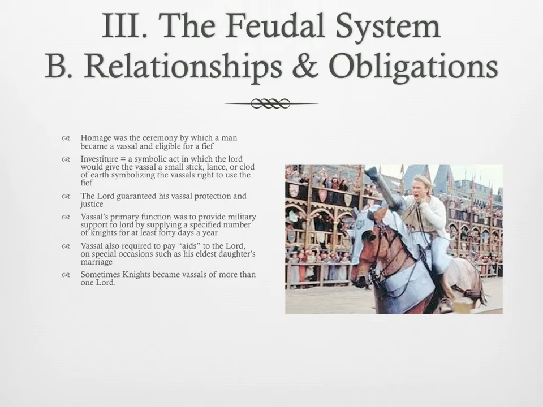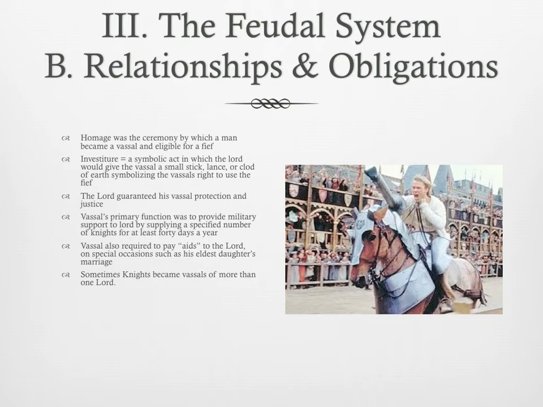So the ceremony is homage, but the actual symbolic act is investiture, and the lord would give the vassal, or the person or the knight, a little stick or a lance, or sometimes just a big clump of dirt, of earth, which symbolized that they were allowed to use that land, and that the lord was promising him his protection, and if anything happened, he would make sure that justice was served.